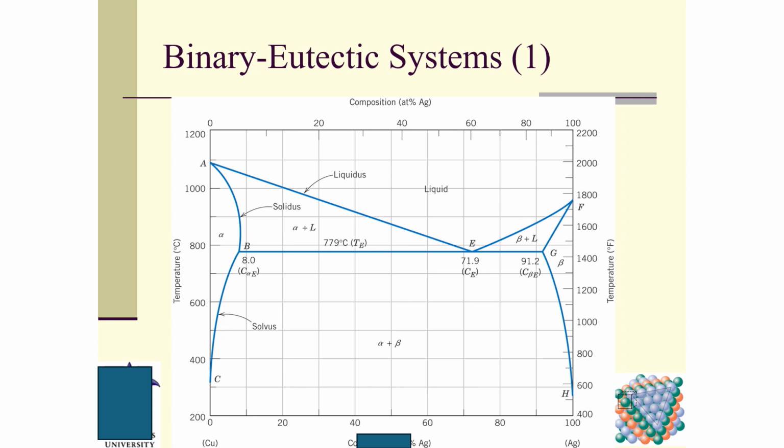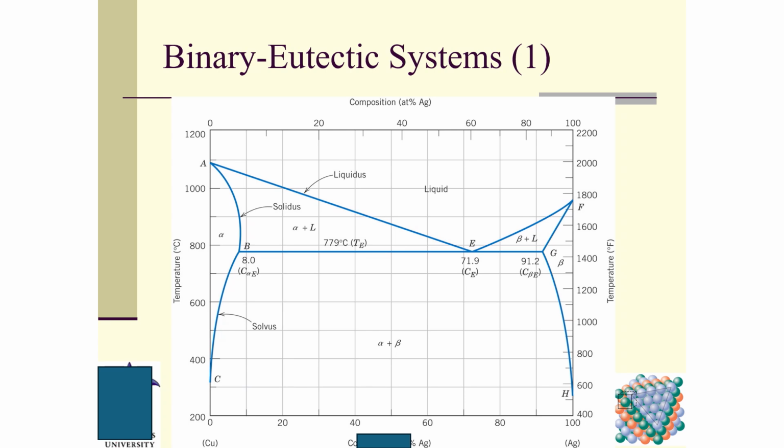And we have L here. How many lines do we have? This is a liquidus line. This is also a liquidus line. This is a solidus line, and this is also a solidus line. And this line is called solvus. The solvus curve is used to separate different solid phases.